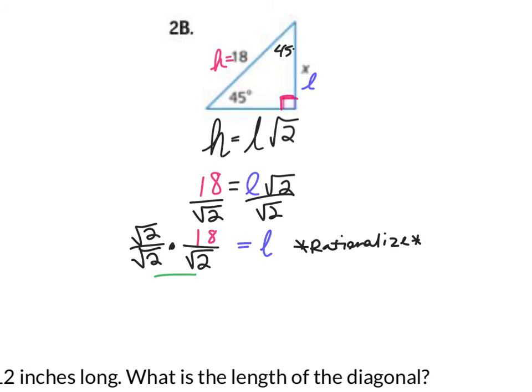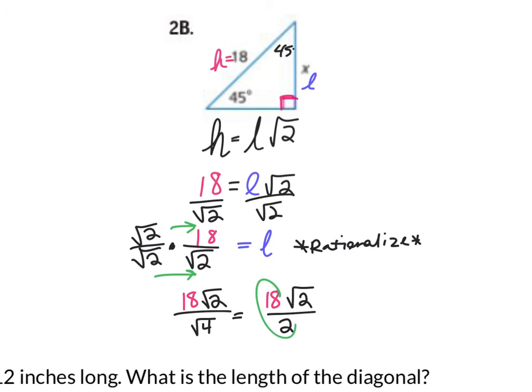Okay, going straight across, you'll have 18 square root of 2 over, if we do the square root of 2 times the square root of 2, we have the square root of 4. And if you can see the things that are going on, you can skip certain steps if you can see what comes next. But for note-taking purposes, I want to show you guys what I'm talking about. Right, and then the square root of 4 is 2.